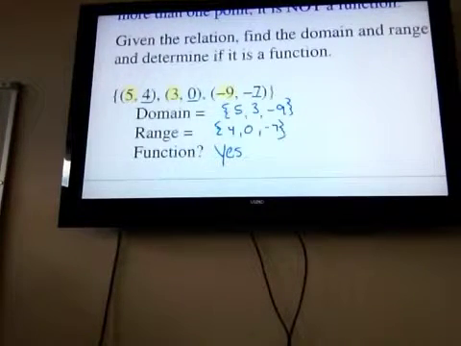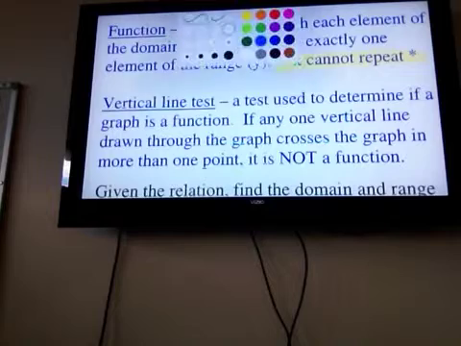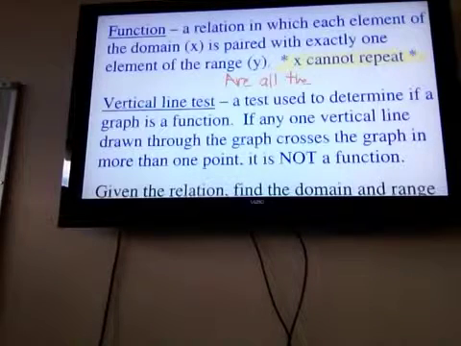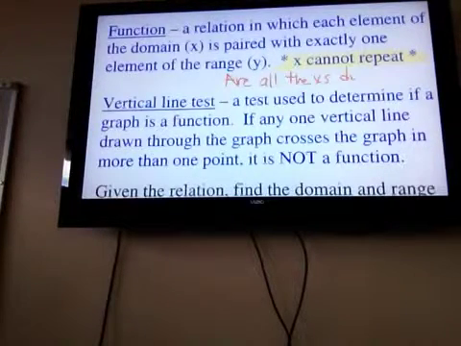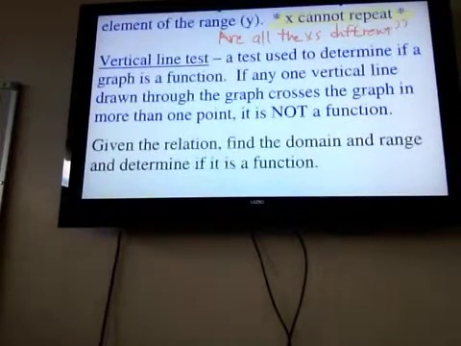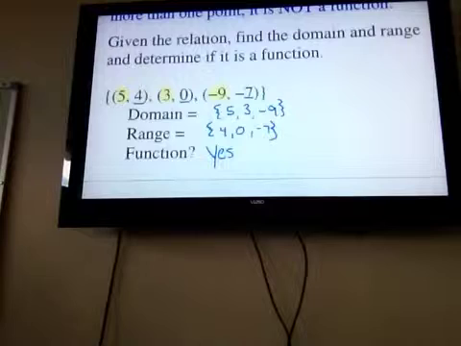If the answer to the question is no, the answer to is it a function is no. So you might want to write that somewhere, because that's what you're going to ask yourself: are all the x's different? And as you answer that question, that's the answer to the function question. So are all the x's different? Yes. And yes, it's a function.